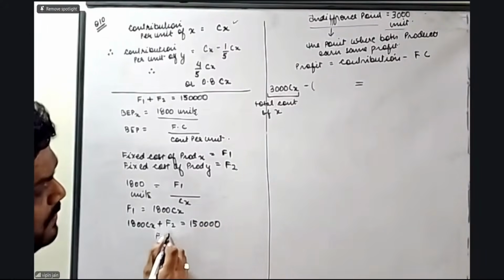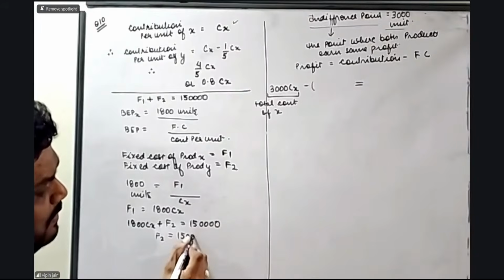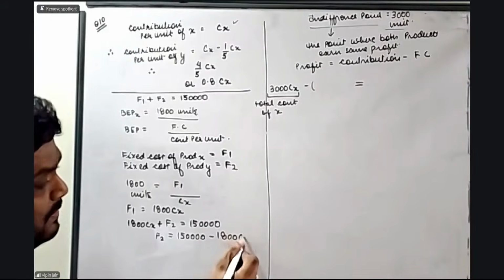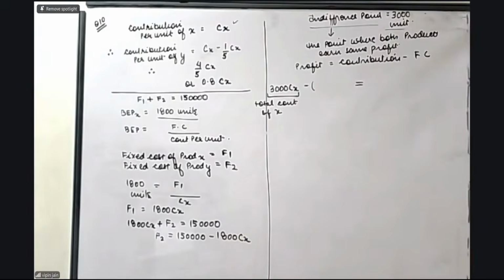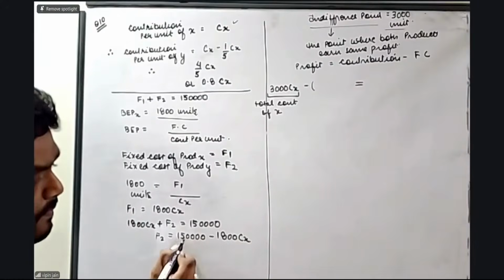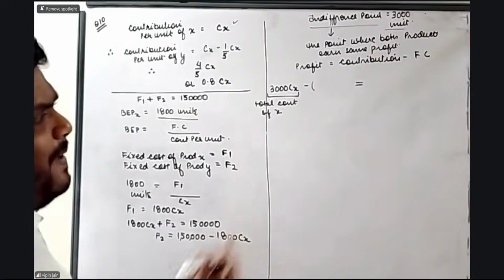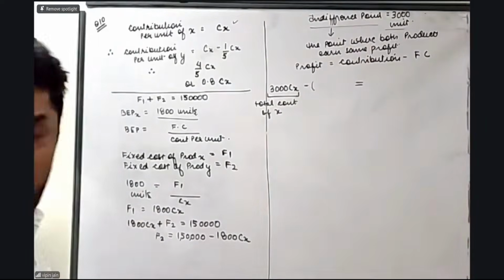So F2 is equal to 1,50,000 minus 1800 Cx. Now let's get back to the indifference point.